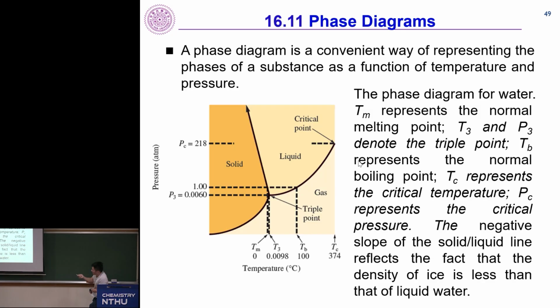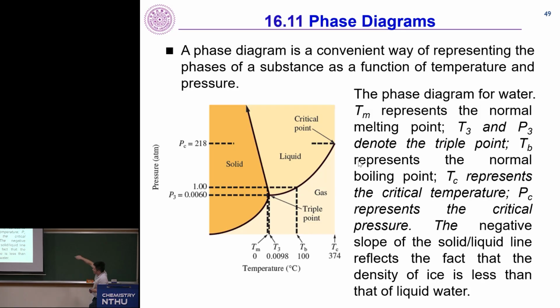For example, at 1 atm, this will be the point, and for water, this will be 0 degrees. At 1 atm, when solid ice melts to liquid water, we have a temperature of 0 degrees. So that will be Tm, the normal melting point. As you continue to increase the temperature, we're going to hit another point where liquid becomes gas. Liquid water becomes gas, and the corresponding temperature will be 100 degrees Celsius.